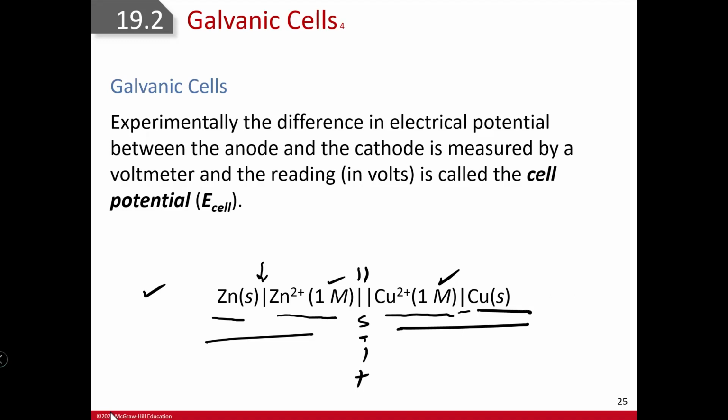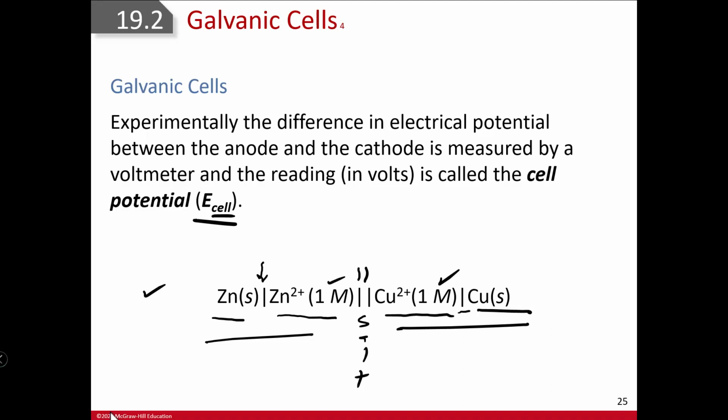All right, so it says experimentally the difference in electrical potential between the anode and cathode is measured by the voltmeter, and that was the instrument we saw, in volts, and it's called cell potential. You need to know that term. Cell potential, it's a subscript cell here with an E. So this is an important slide.